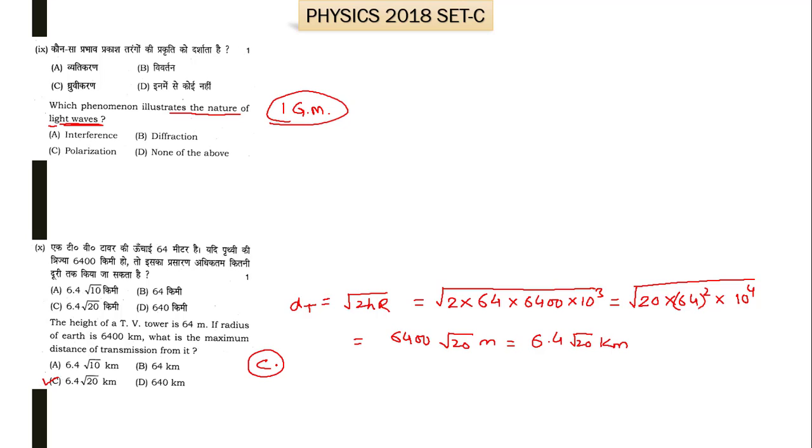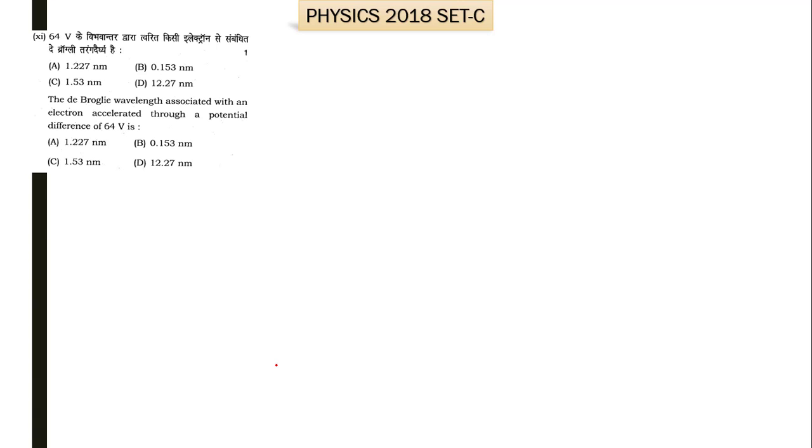Now moving towards the next part of this question, that is part 11. It says that the de Broglie wavelength associated with an electron accelerated through a potential difference of 64 volt is. We know that the formula for de Broglie wavelength lambda is equal to 1.227 divided by under root of V, where V is the accelerating potential.